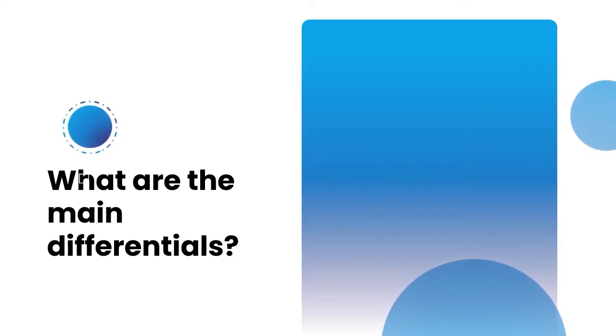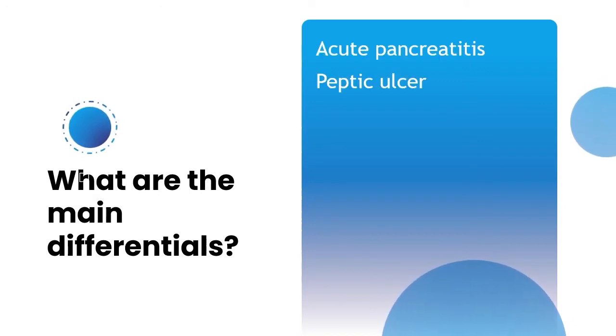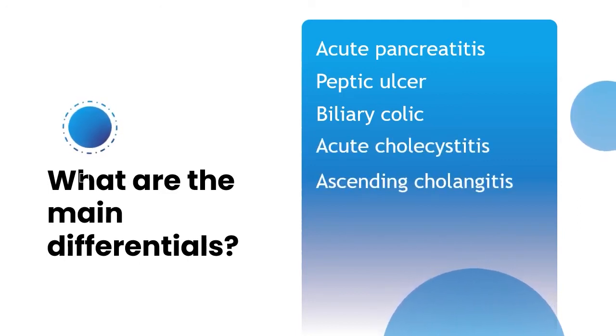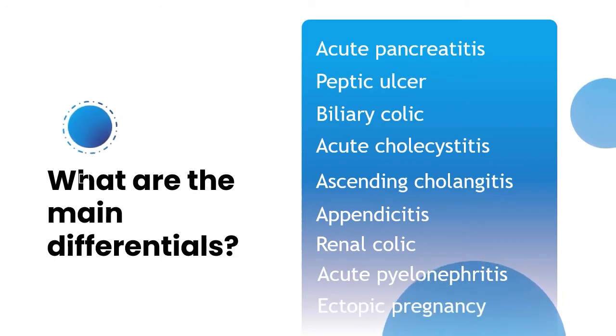So what are the main differentials you come to think of? It can be acute pancreatitis, or a peptic ulcer or peptic ulcer disease. And of course, biliary colic is a very common differential. Acute cholecystitis, ascending cholangitis, acute appendicitis, renal colic, acute pyelonephritis, and also ectopic pregnancy.